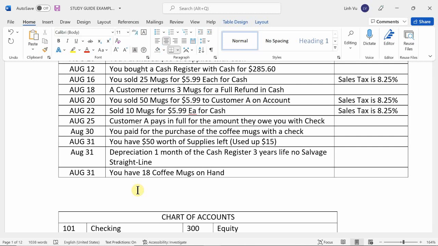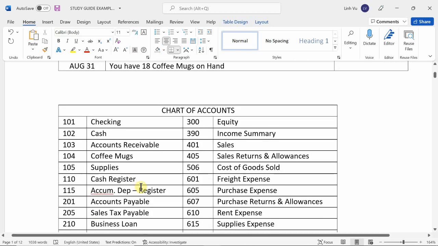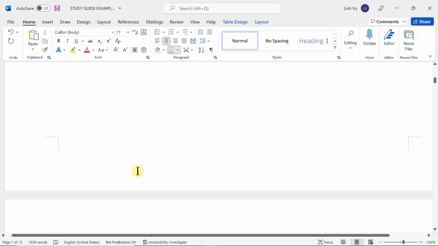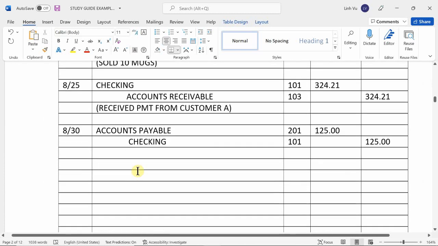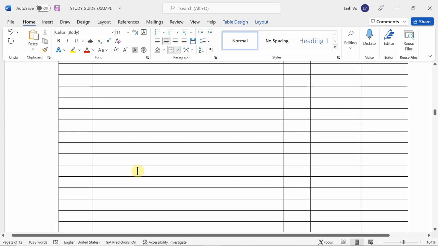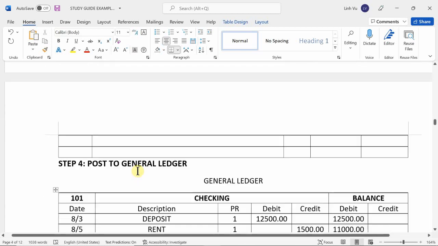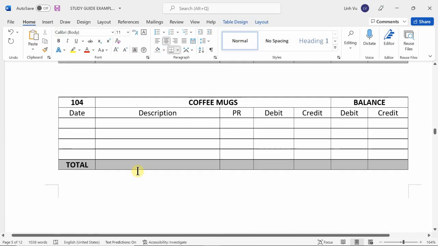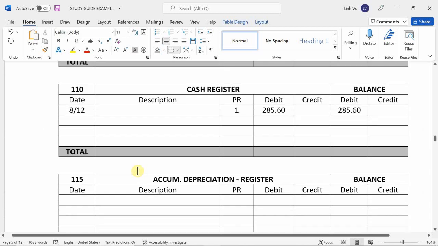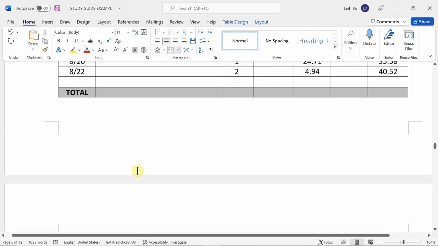And you have 18 coffee mugs on hand, which is a periodic inventory adjustment. So in this case, we are now done with my journals, because I need to complete the next step, which is the unadjusted trial balance, before we can actually do our adjustments.